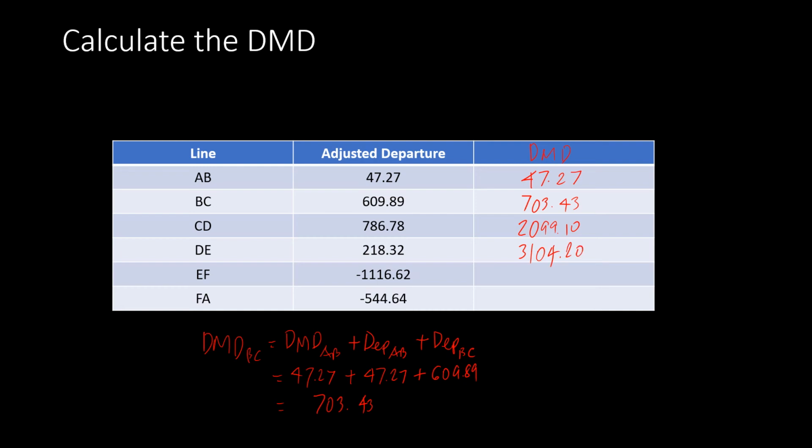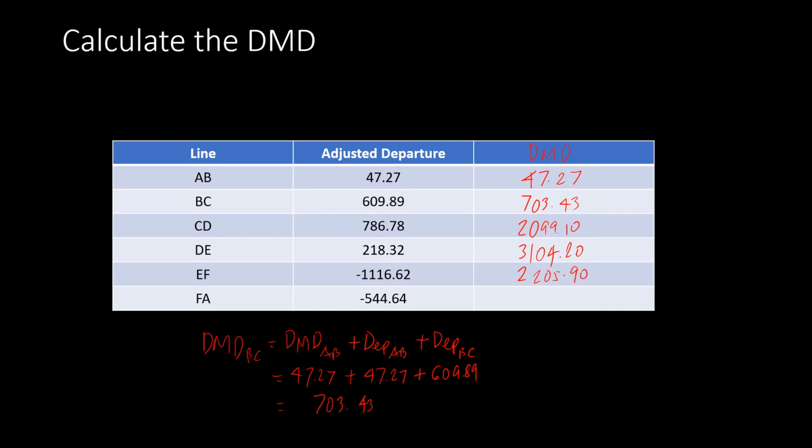which is equal to 3104.20. For line EF, the DMD of EF will be the DMD of DE, 3104.20, plus the departure of DE, 218.32, plus the departure of EF, negative 1116.62, equaling 2205.90.